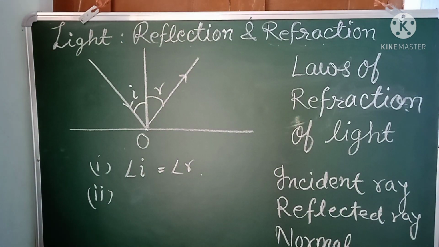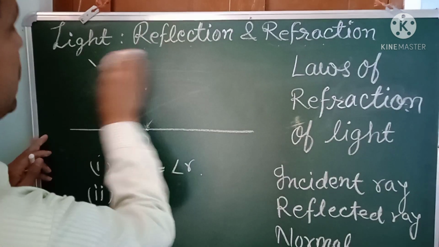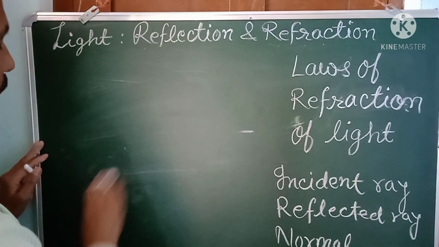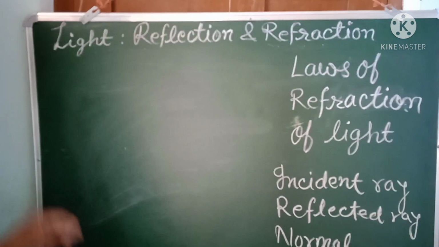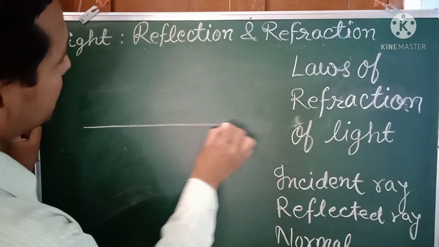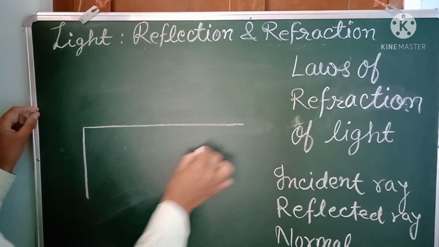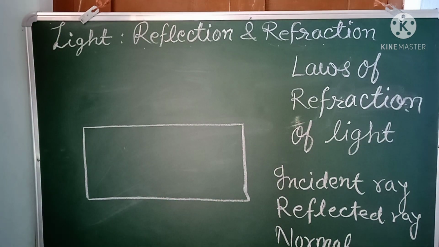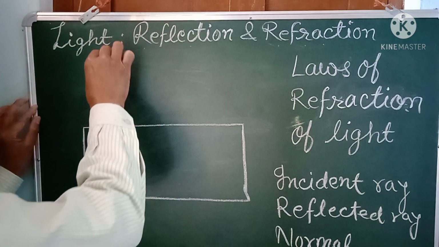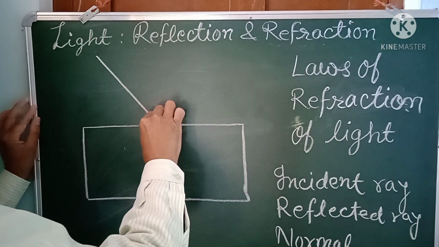Laws of refraction of light. What is refraction? Whenever a light ray travels obliquely from one transparent medium to another, its direction of propagation changes. Suppose that it is a glass slab and a light ray falls on it.